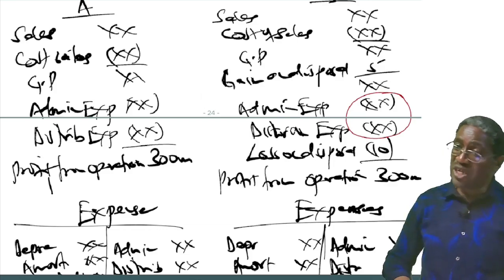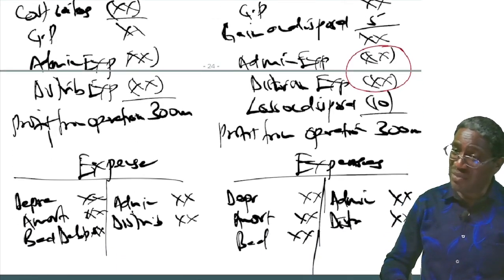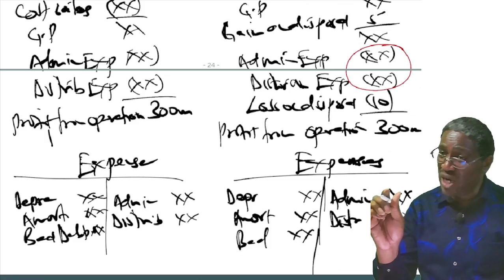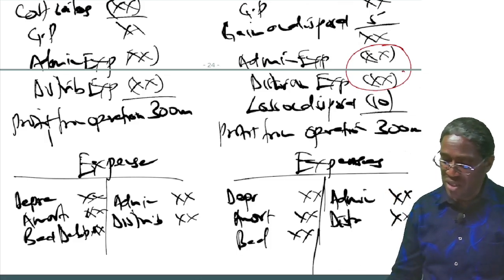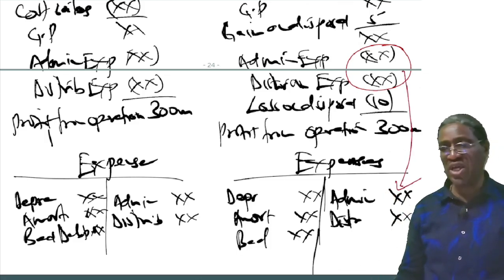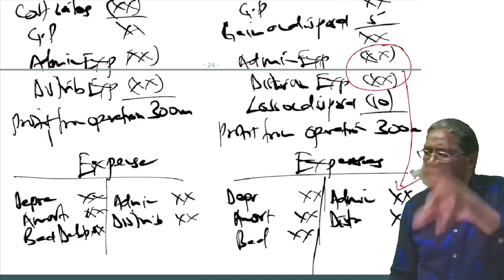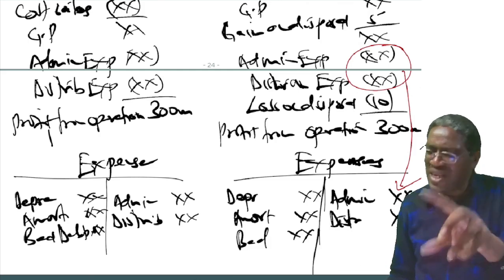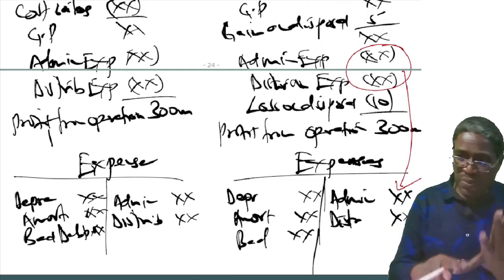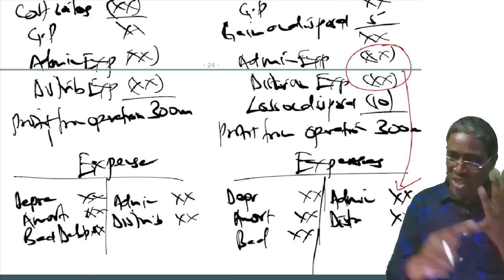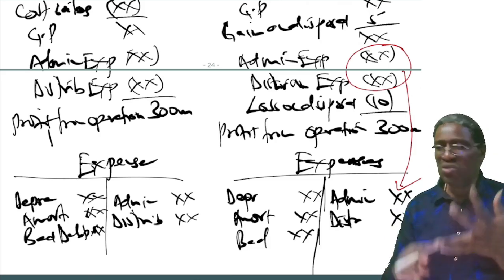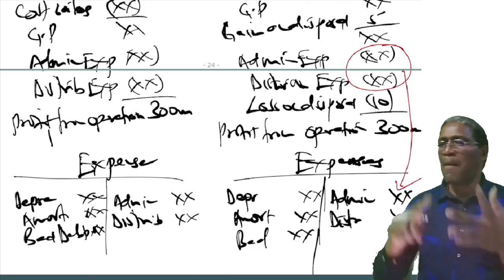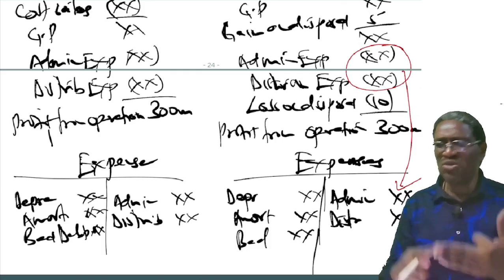So for accountant B, I went to the income statement, picked those two expenses, the admin and the distribution, I brought them down there. Then I asked myself, among those expenses, is there any non-cash item? Yes. Depreciation could be among the admin, remove it. Amortization, it's among the admin, remove it. Bad debts is among the selling and distribution, remove it.